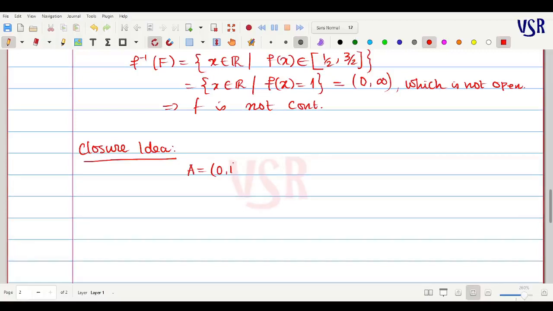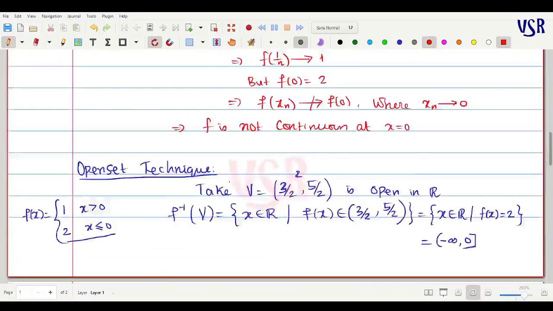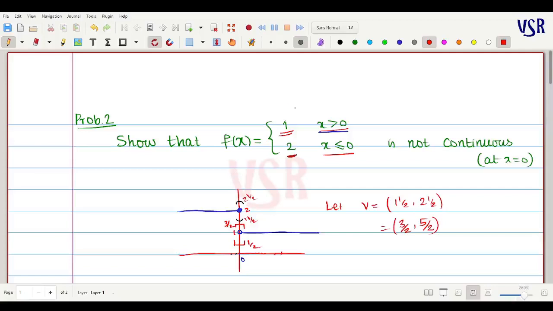Then the closure is the closed interval 0 comma 1. Now f of A: all the elements in it are positive. If x is positive then we have 1, and if x is less than or equal to 0 then we get 2.